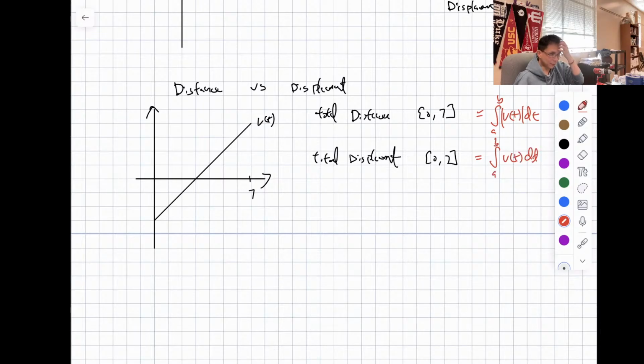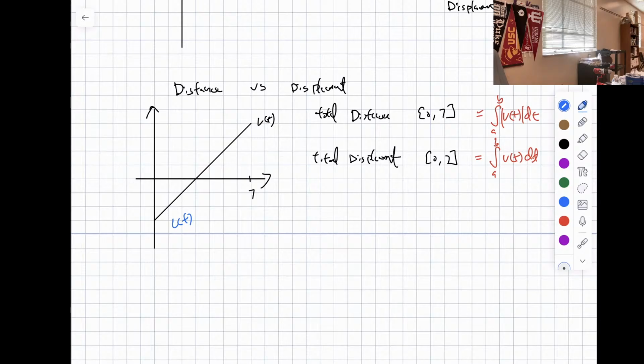Now, what's the difference? We know v of t is negative below the x-axis. That means if I'm going left and right, I'm going to say left is negative. Let me give you an example. If I'm coming forward and in the first 3 seconds I take 3 steps forward, 1, 2, 3, my displacement is going to be 3.